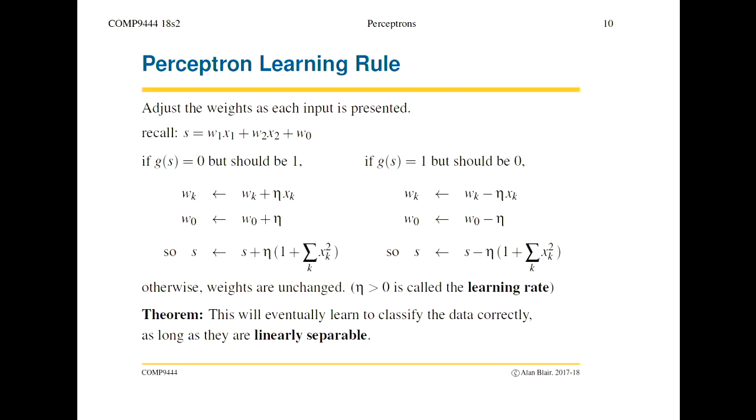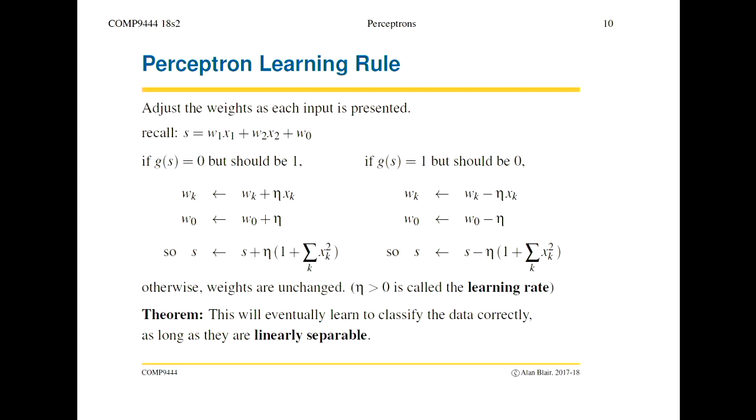Now remember, this sum is of that form, so if I increase W0, then that'll increase S, right? So I'm going to add a little positive number to W0. So you have to have this number eta. We could assume that eta is 1 for the sake of this. It doesn't really matter what eta is, but it's some fixed number. So let's say I add 1 to W0. So that definitely will increase S.